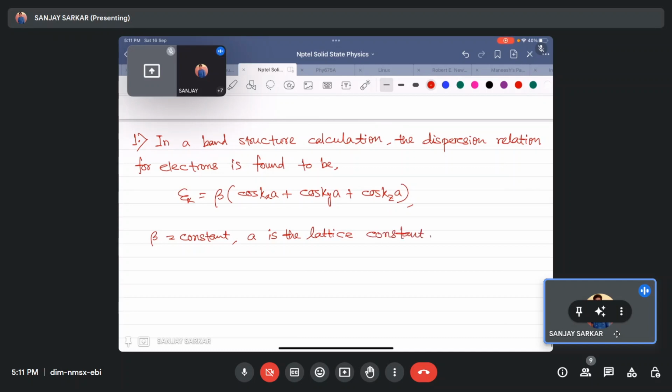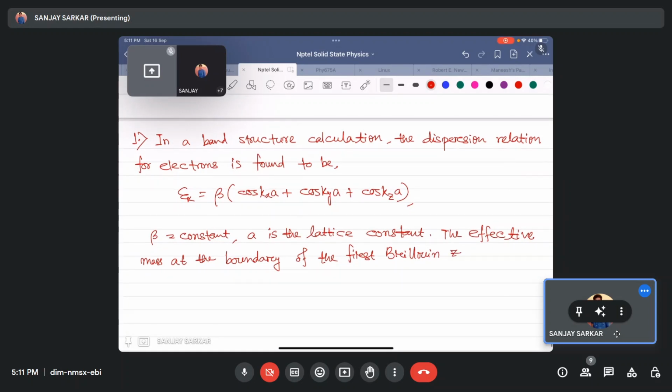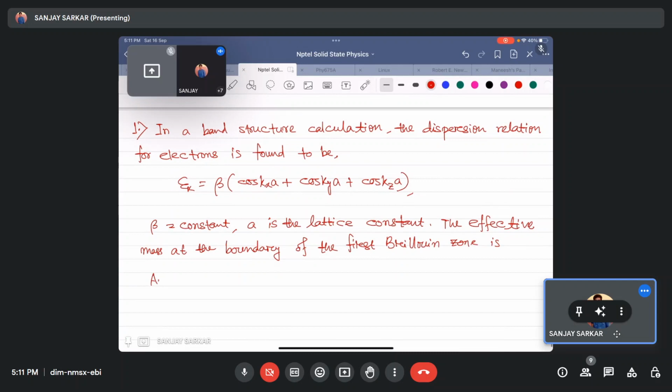So the effective mass at the boundary of the first Brillouin zone is, so there are four options.